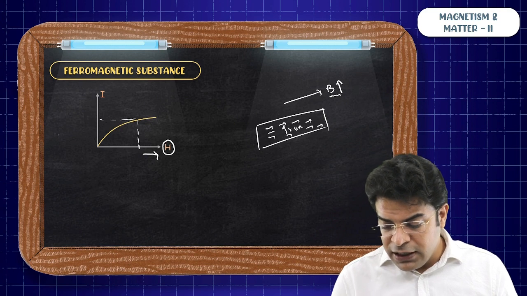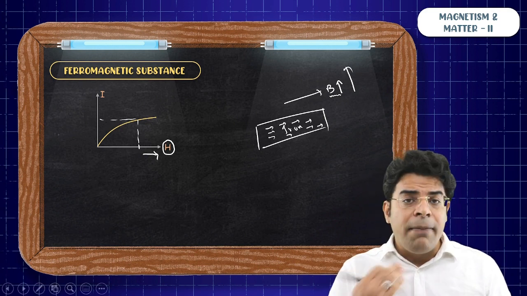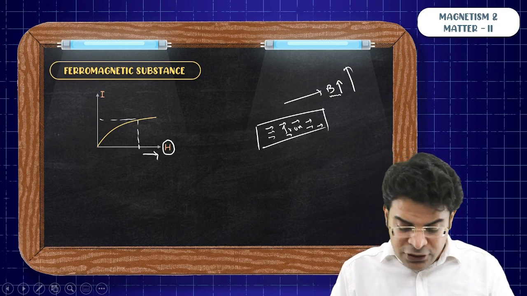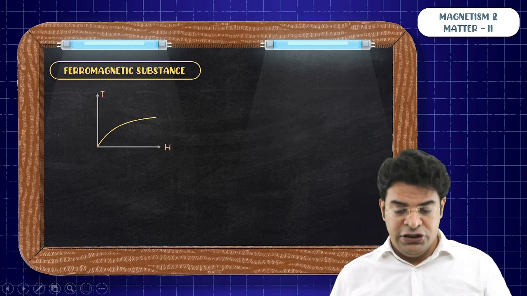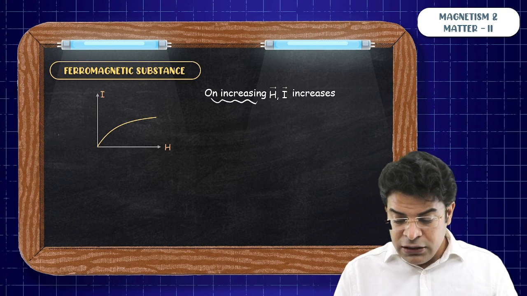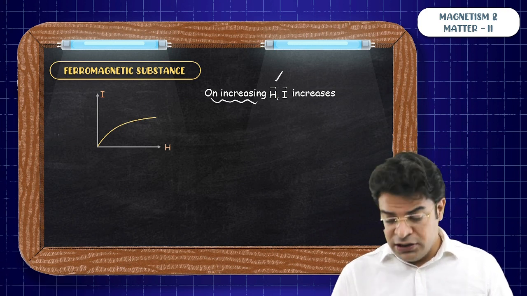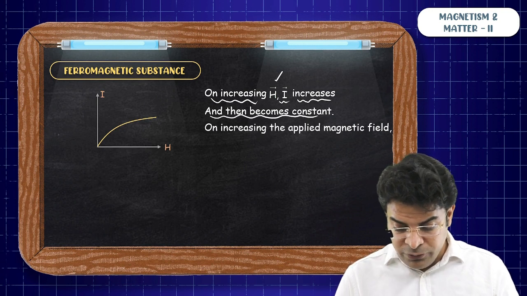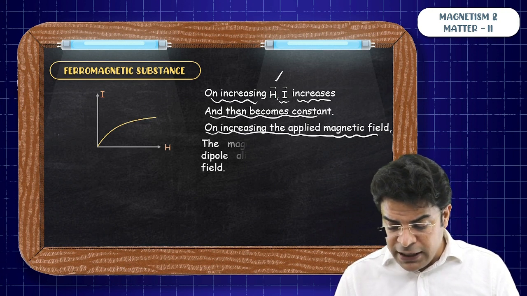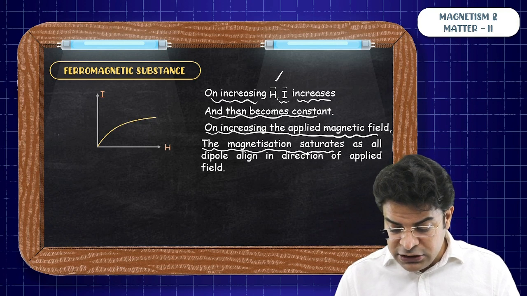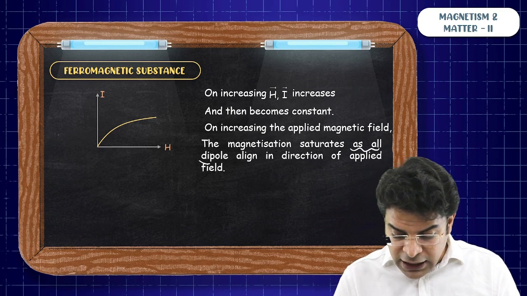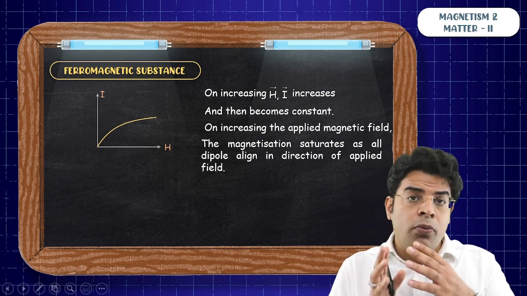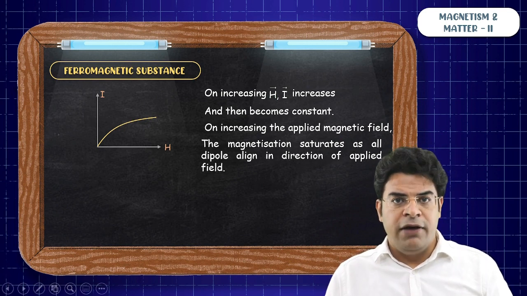On further increasing the field strength, it can't happen that more domains are aligned in the direction of the magnetic field, and then you say that saturation is reached. So on increasing the magnetizing field intensity, the intensity of magnetization increases and then becomes constant. The magnetization saturates as all the dipoles align in the direction of the applied field, as all the domains point in the direction of the applied field.